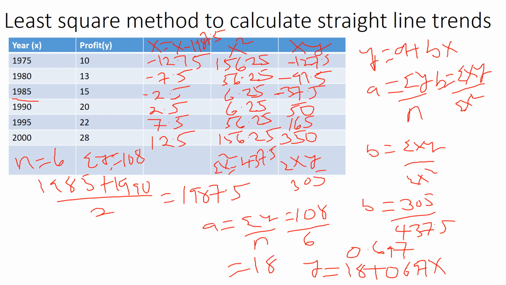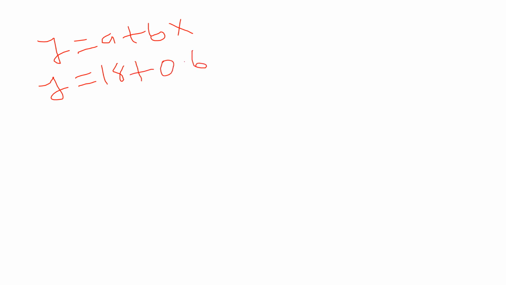So from that, now I think we can use it to approximate the profit that this company will get in 2005. So to get the approximation of the profit that will be there in 2005, we know that the equation connecting is y equals a plus bx, and in this case we have y equals a, which was 18, plus b, which was 0.697x.